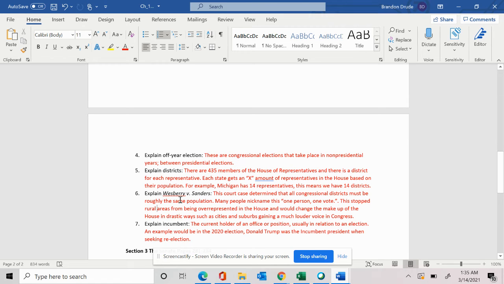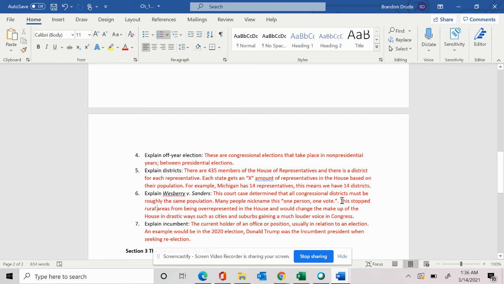So they have to make it more fair. This makes district lines fair based on population, not just by land. Basically, this means one person, one vote. That is what it's nicknamed. For every one person, there's one vote. And again, they're making it more fair.